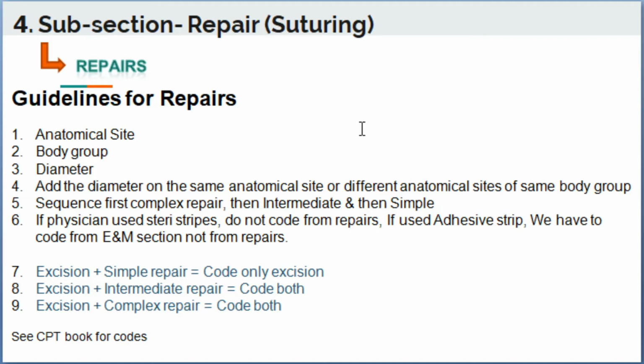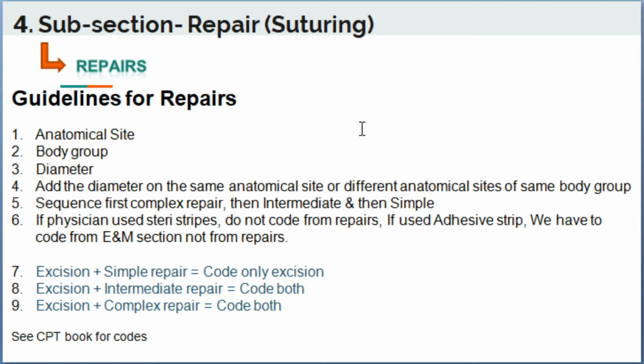Then always sequence first complex repair, then intermediate, and then simple repair. If the physician used staples, do not code from repairs. Or if he used adhesive strips, then the coder has to code from the evaluation and management section, but not from repairs.